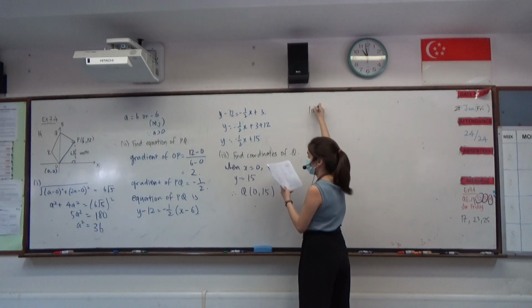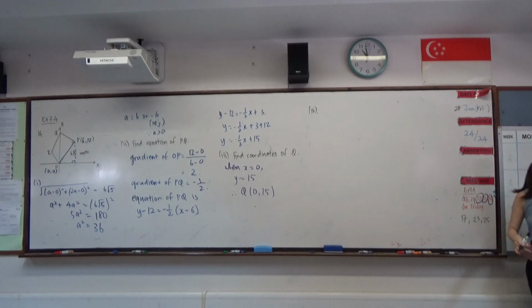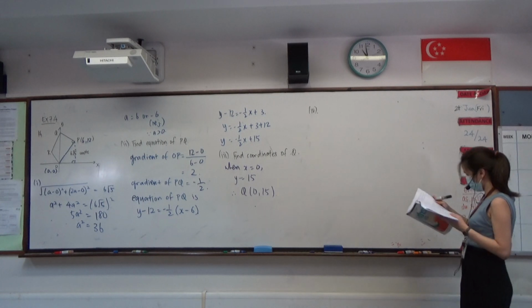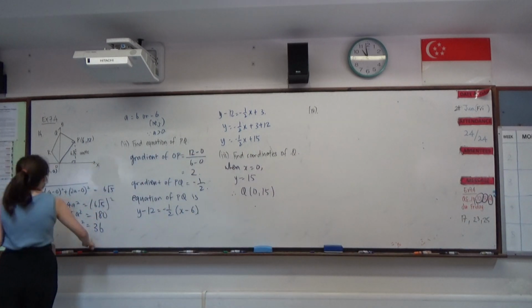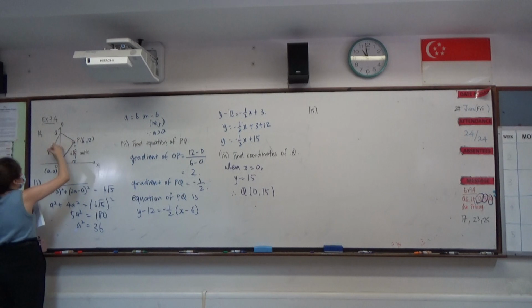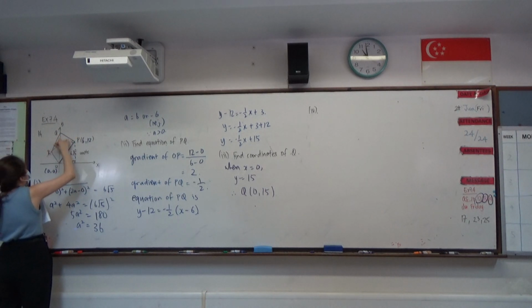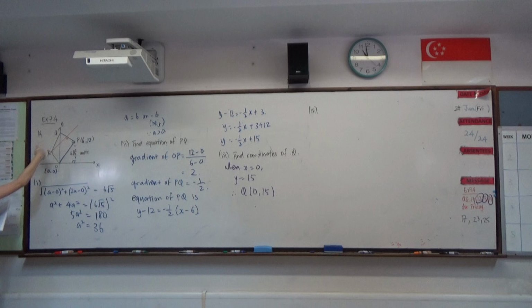In part 4, we are given that the point R lies on the perpendicular bisector of PQ. So let's draw in the perpendicular bisector. I'm not going to get a very accurate diagram. So R is on the perpendicular bisector of PQ.